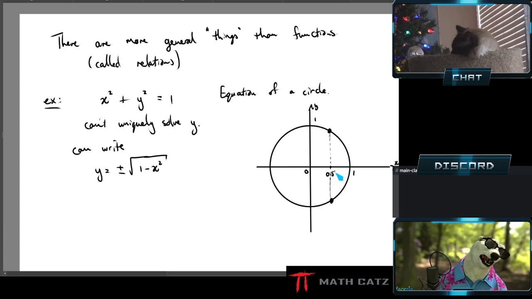Now, conceptually, that's a little weird. How can I put in one x value but get back two y values? Yeah, it messes with my head a little bit if I think about that too much. The input-output idea that I use for functions kind of falls apart. It's more complicated than that.